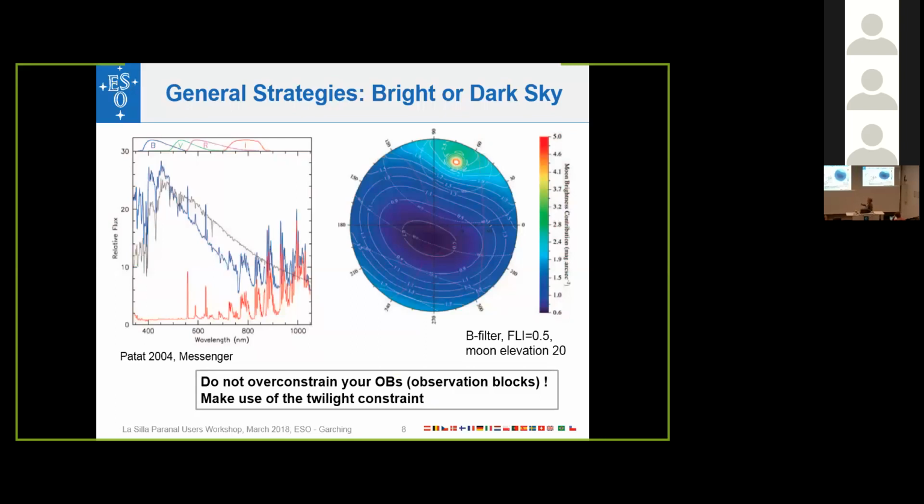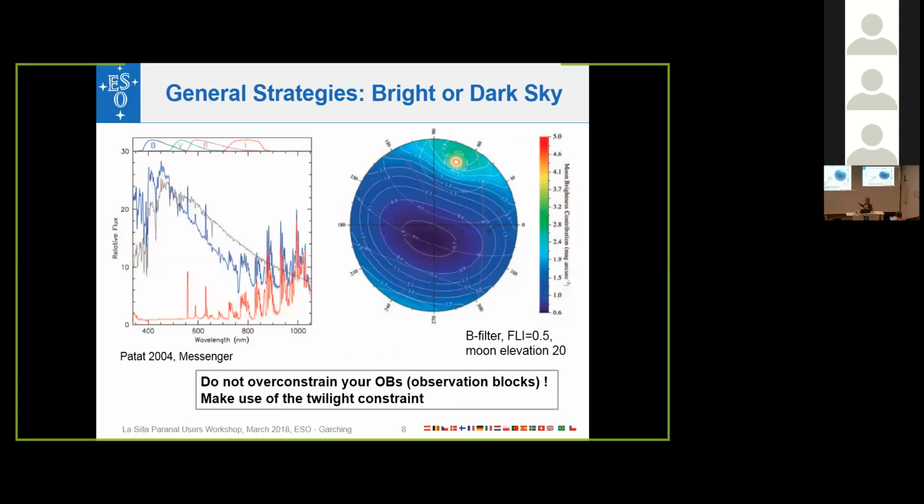But please also see that if you are going to the near infrared, it really does not make any difference if the moon is shining or not. So do not over constrain, for example, your K band, H band, J band near infrared observations by putting a fractional lunar illumination of 0.5 or 0, right? So this would be not a good idea. You can also make use of what we now call the twilight constraint.